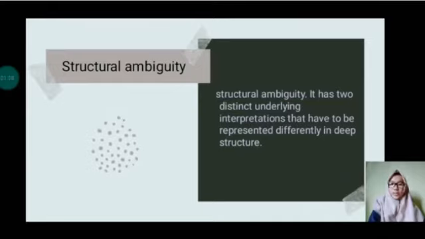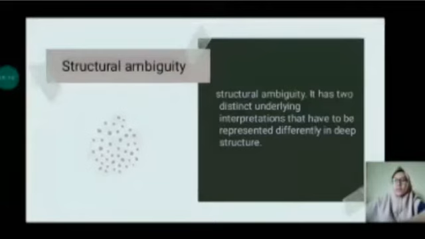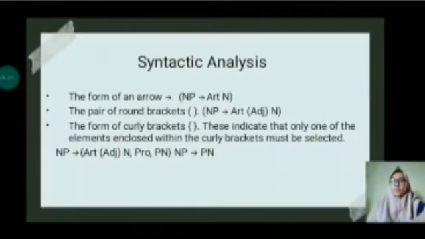So structural ambiguity is when a sentence has two or more possible meanings. The next material is about syntactic analysis. In syntactic analysis, we use some conventional abbreviations for the parts of speech.